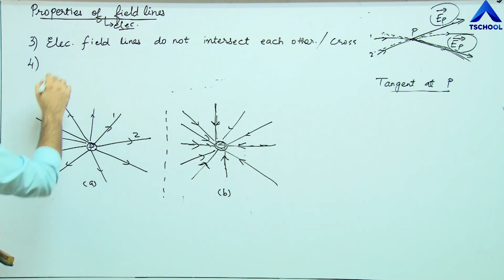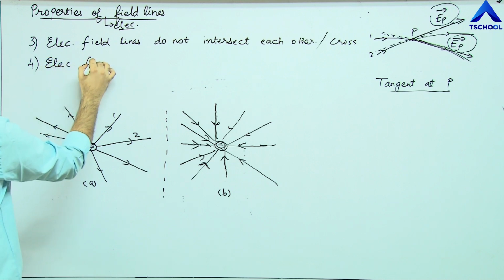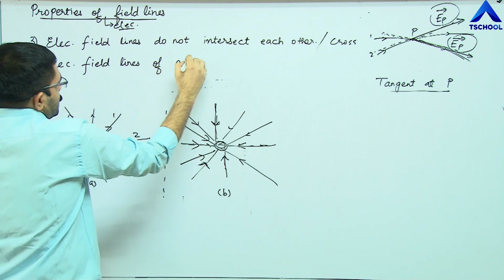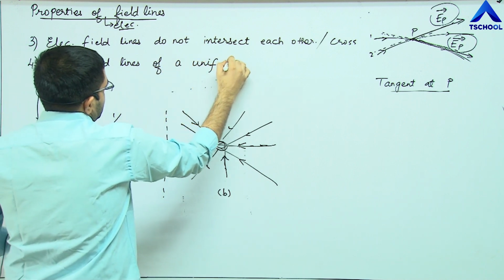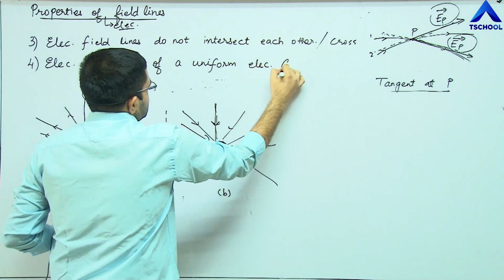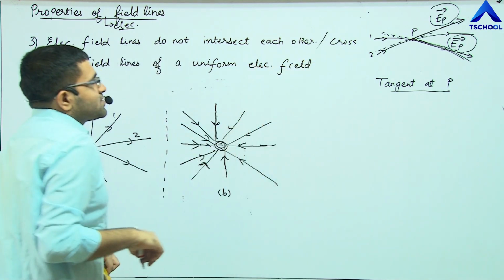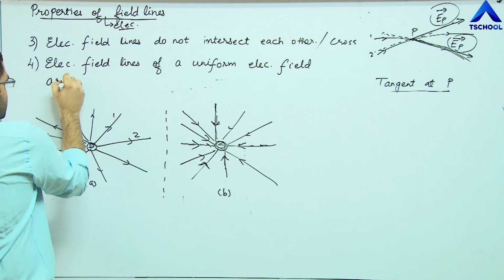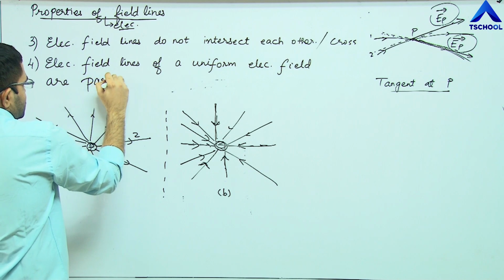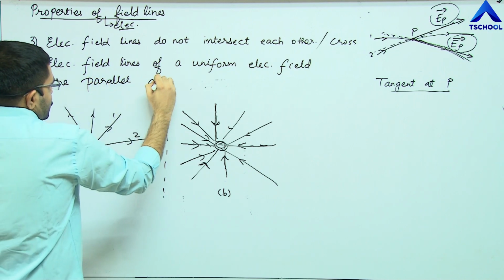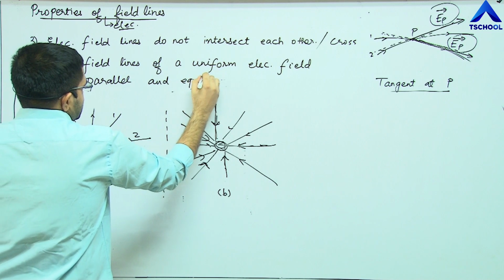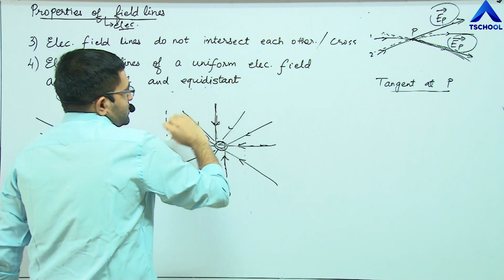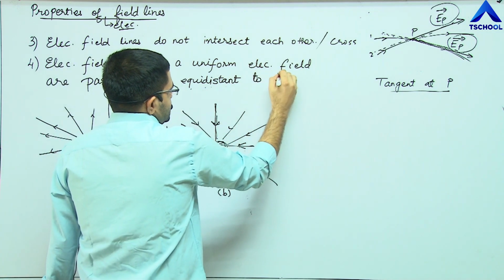Next, electric field lines of a uniform electric field are parallel and equidistant to each other.